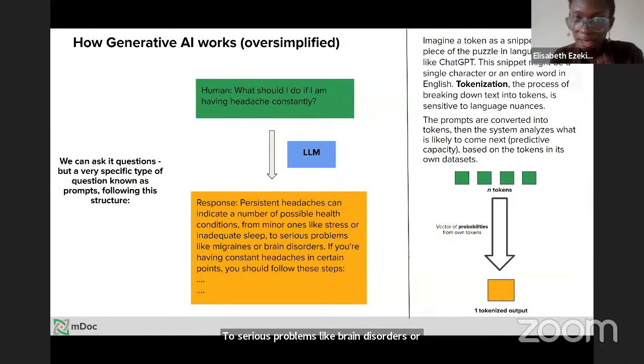If you're having constant headaches, you should follow these steps. Maybe, for example, it says you should see a doctor, or you should go here. So these are examples of how the tokens that are fed in, which may be just a single character or a snippet of a word, like the word headache, are automatically converted into tokens that the system can analyze to know what is supposed to come next, and then it's able to give a response. Okay, next slide, please.